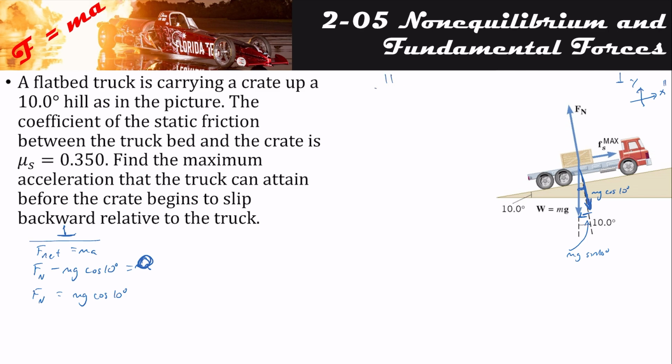Now if I look at the parallel, net force is ma. So in the x direction, I've got the friction going uphill, which I'll call positive, and the parallel component of the weight going downhill.